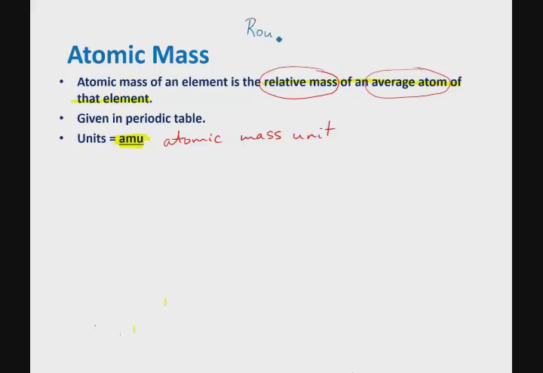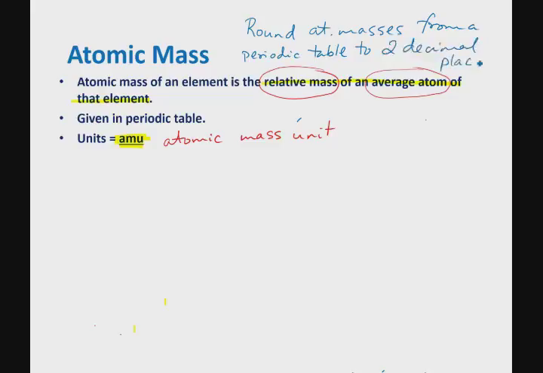Whenever you read any atomic mass from the periodic table, round these correctly to 2 decimal places. So no matter which periodic table you're looking at, if you round the atomic mass of hydrogen correctly to 2 decimal places, the atomic mass would be 1.01 AMU.